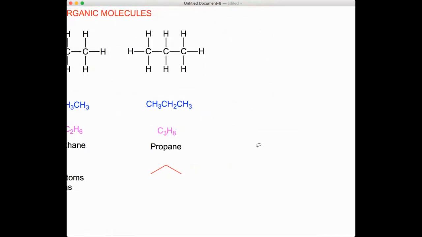So I'm gonna continue now and give you another example. The next molecule will be 4 carbons.